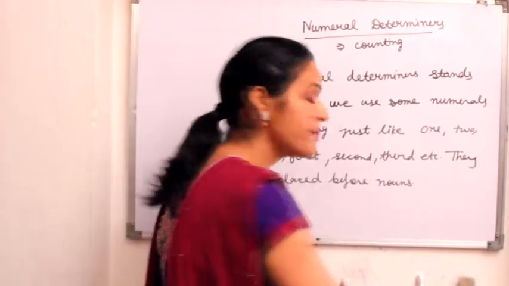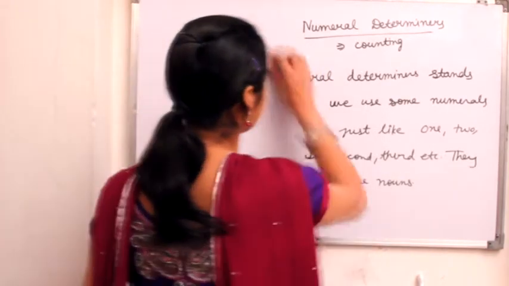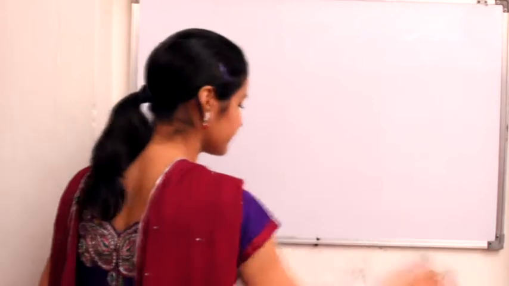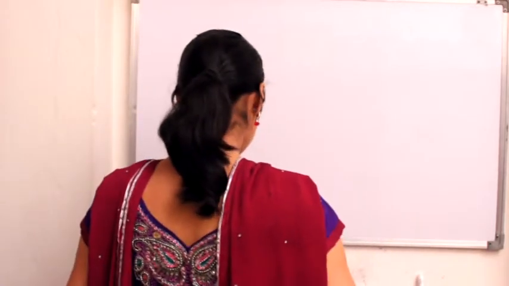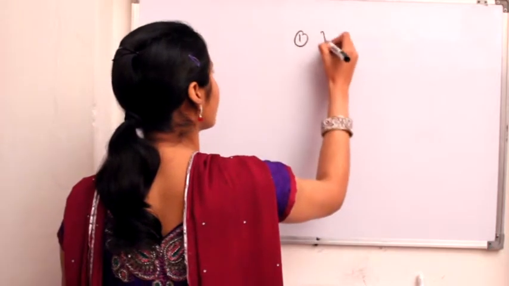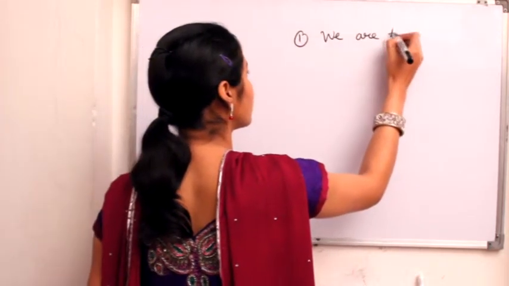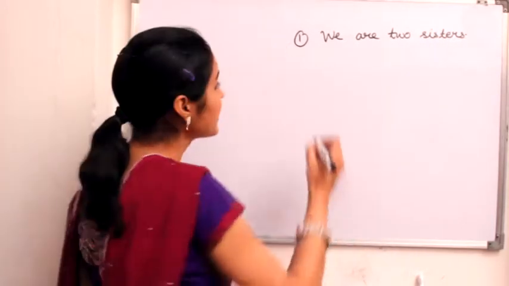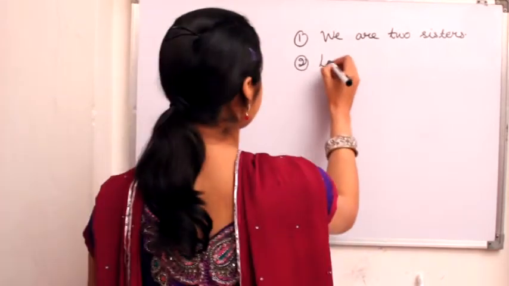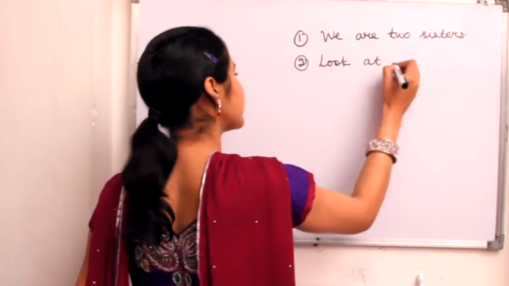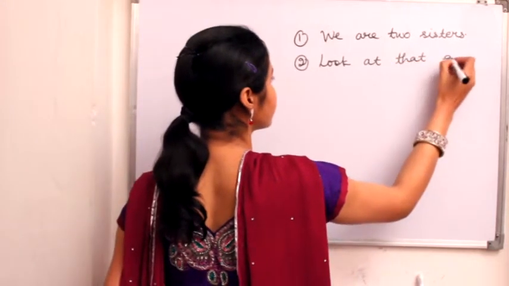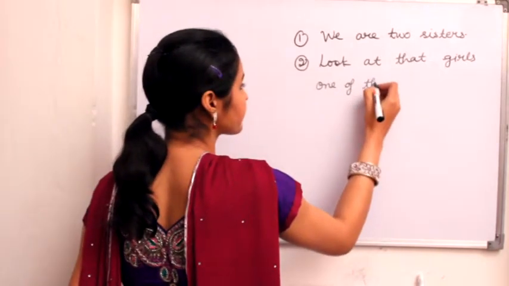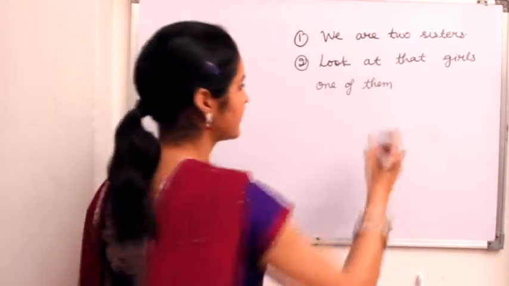So these are very simple sentences I explain to you right now. If I write here, we are two sisters. Okay, so now I write here, look at that girls, one of them is blind.